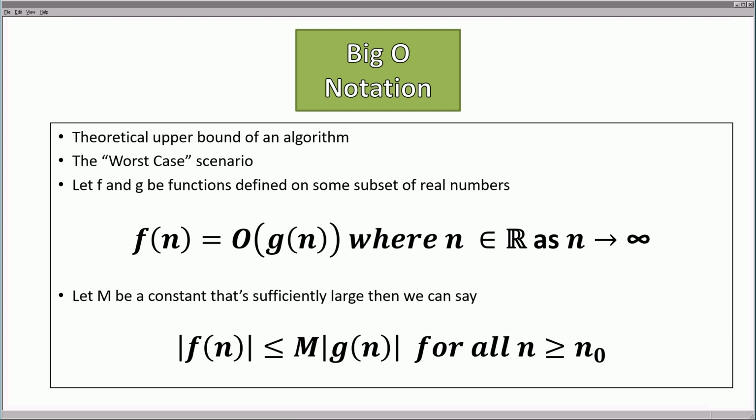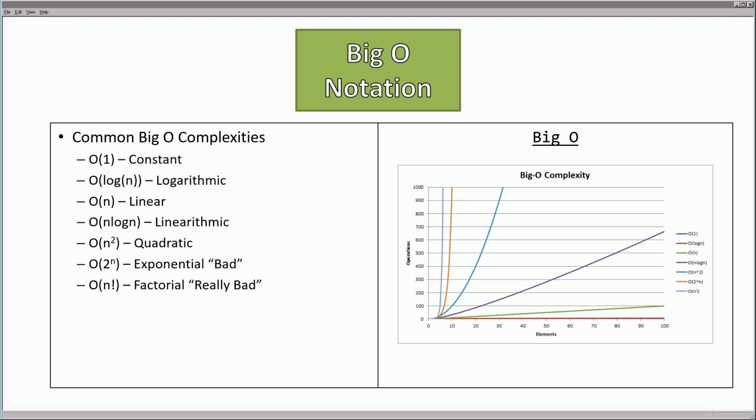How can we describe this function? Some very common big O complexities that were also introduced were constant, logarithmic, linear, linearithmic, quadratic, exponential, and also factorial.